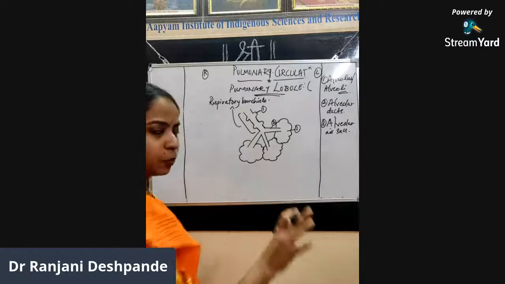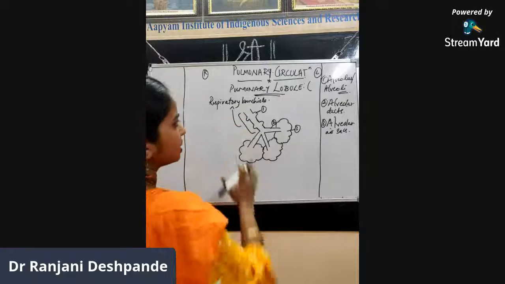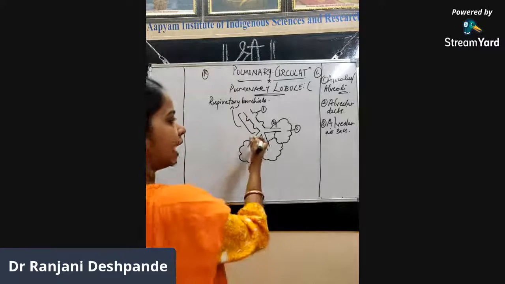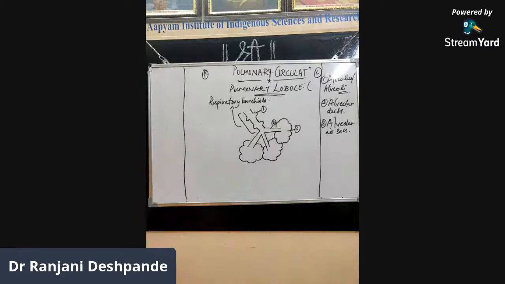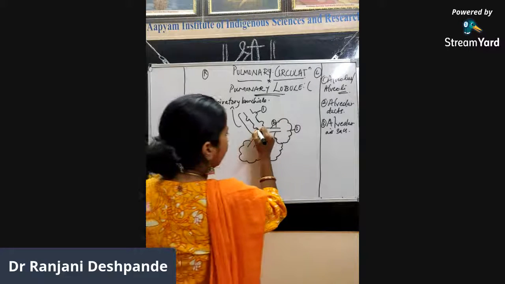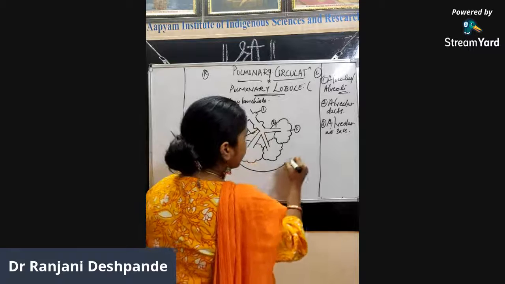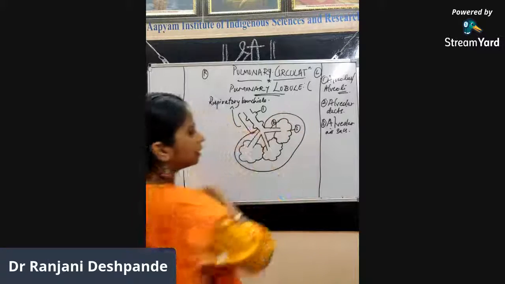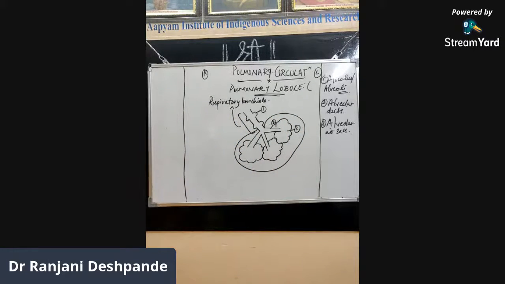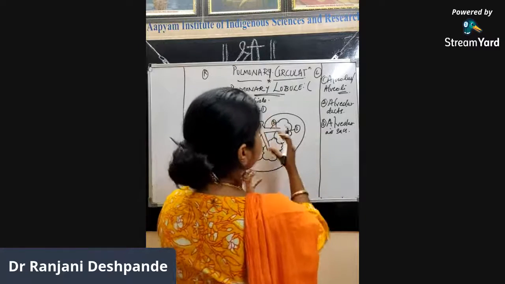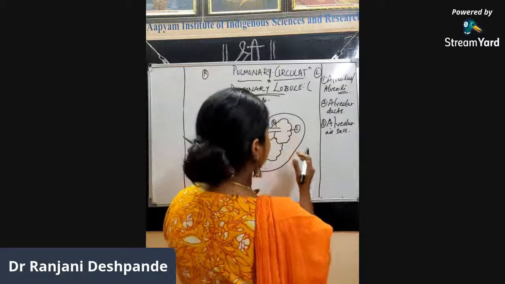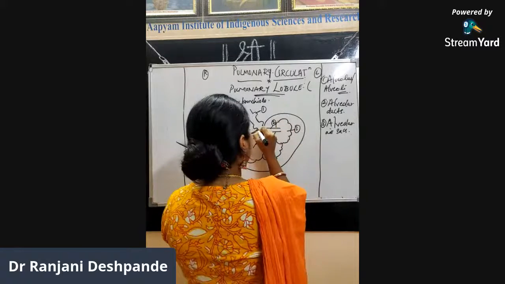So, the pulmonary lobule is nothing but this, consisting of the respiratory bronchiole, the alveolar duct, and the sac. Now, each of these lobules will be surrounded by connective elastic tissue. Okay. So, when it blows up and down, it helps in squeezing, and then exchange of the gases and expulsion of air.